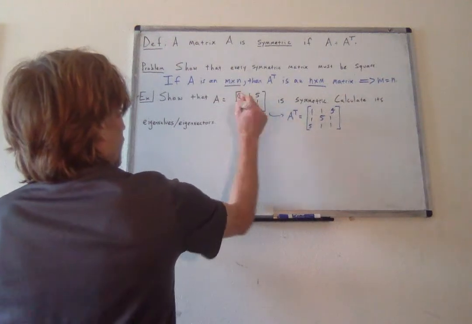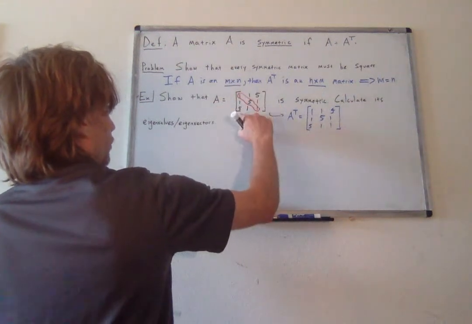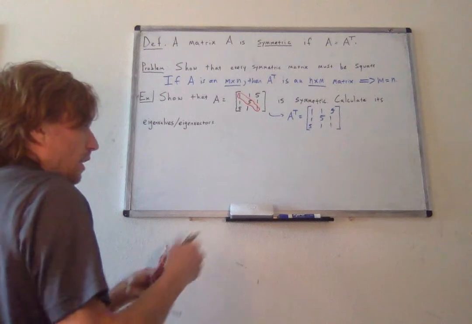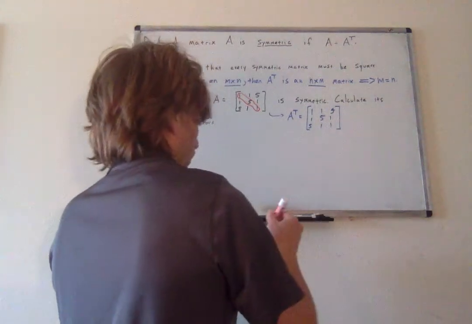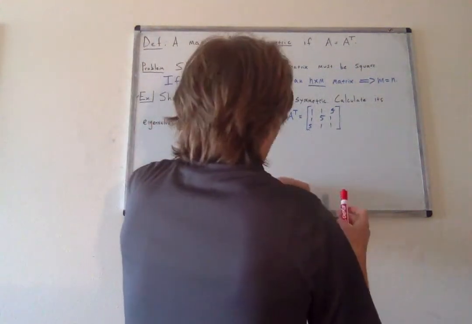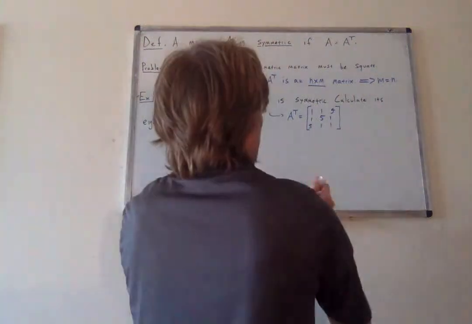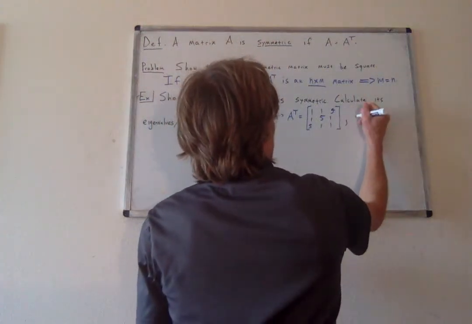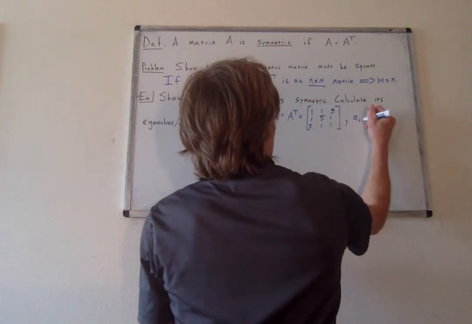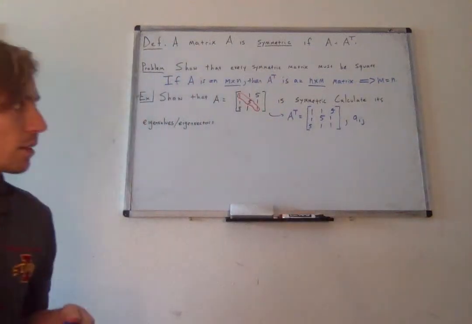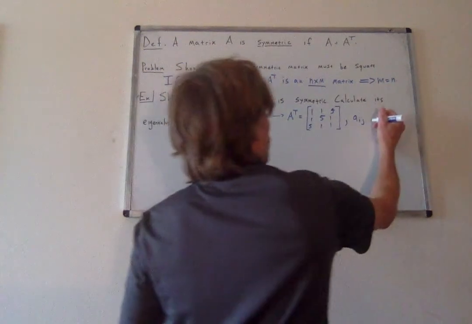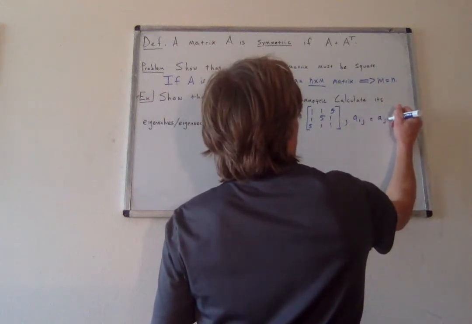That is, 1 would reflect to 1, 1 would reflect to 1, 5 would reflect to 5. The math way of saying that the matrix is equivalent if you reflect it across its diagonal is that the entry in the ith row and jth column should be equal to the entry in the jth row and ith column.